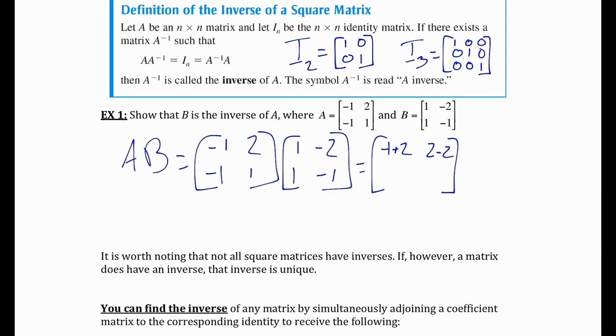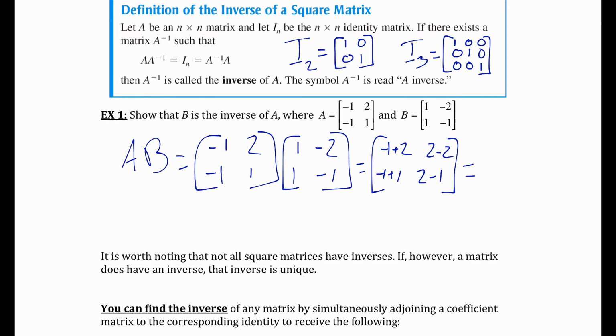For the second row, we're going to do the same thing. We do -1 times this 1, which gives us -1, plus this 1 times this 1, so +1. Now the second row times the second column: -1 times -2 gives us +2, then this 1 times -1 gives us -1.